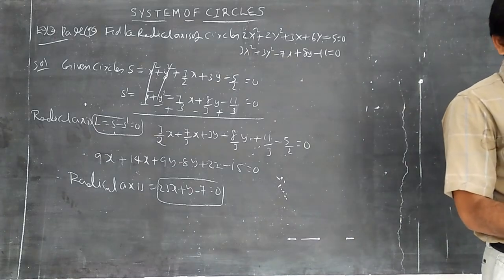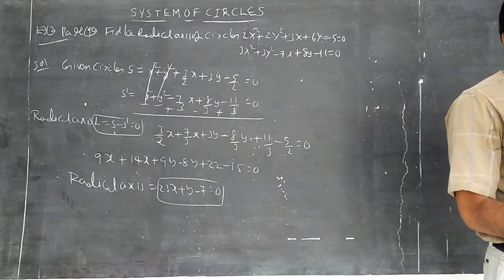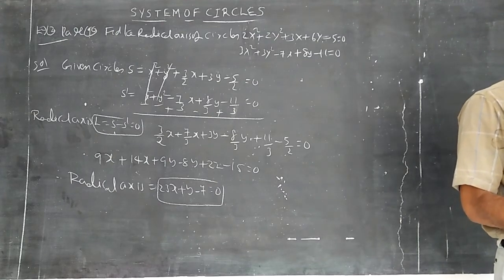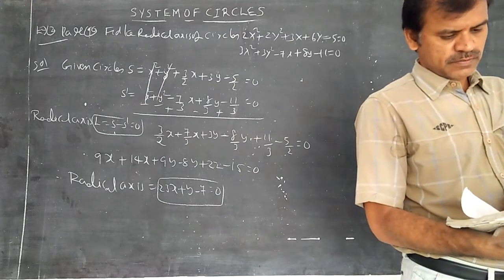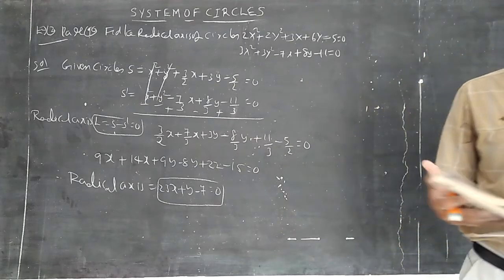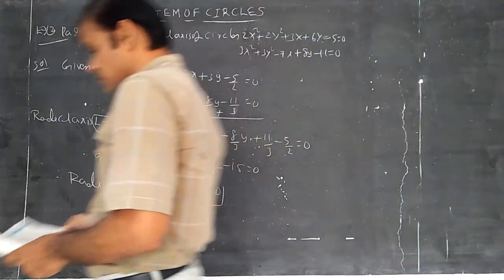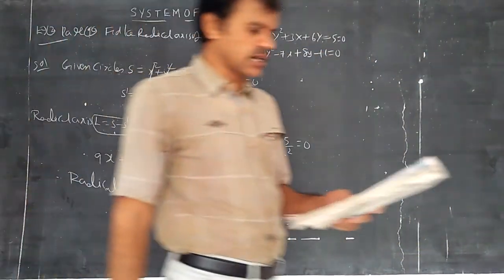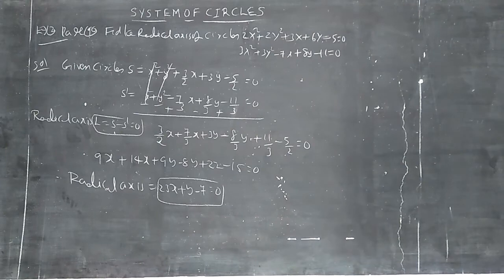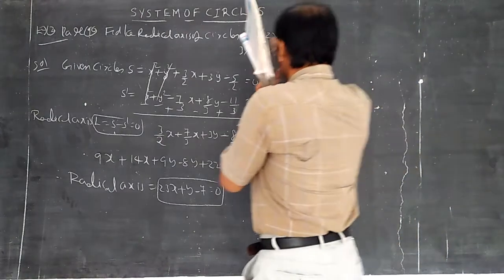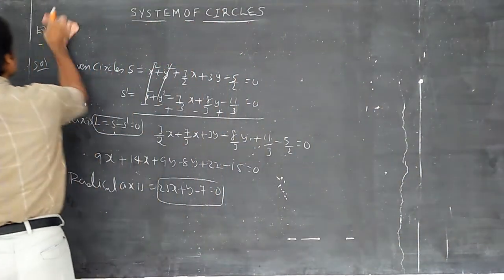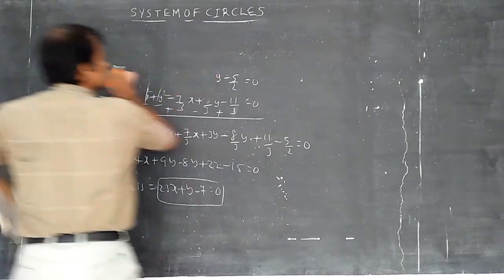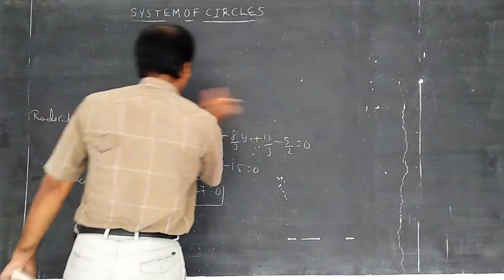There are exercises and examples also. The common tangent radical center. In page number 99, Roman number 2, fourth, second, I am discussing with you, because standardization is required in that sum also. That I say, the remaining radical center model.